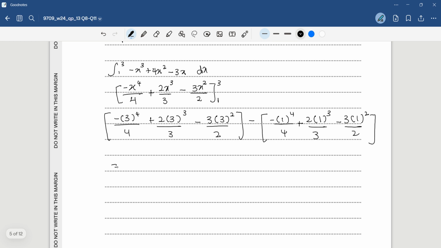So you compute this, you'll get 9 over 4 minus negative 5 over 12. So you'll get 8 over 3. Okay?